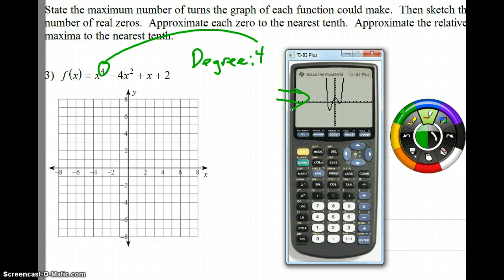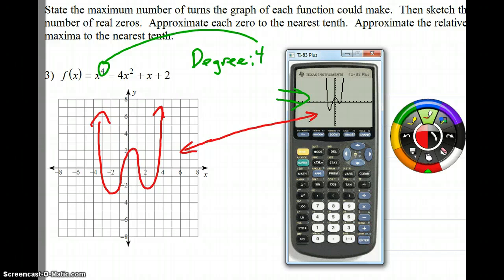So again, one of the things that we'll want to do is display the basic shape. This thing is kind of a W, but we'll want to get more accurate than just sketching in a W. We want to get exactly what the graph looks like.